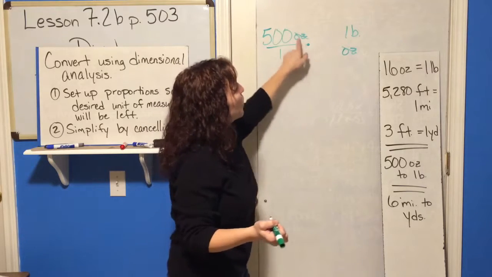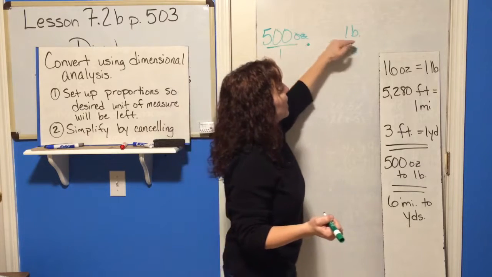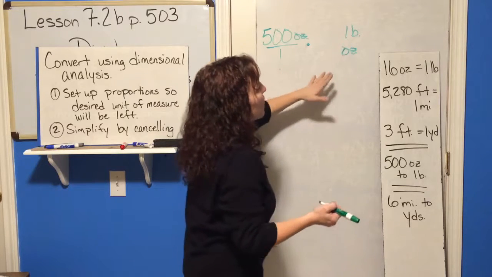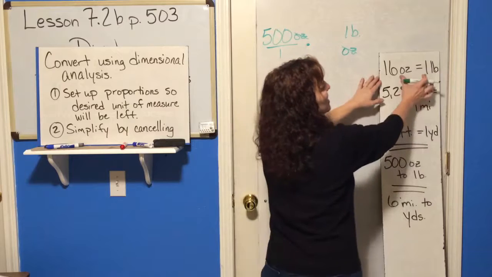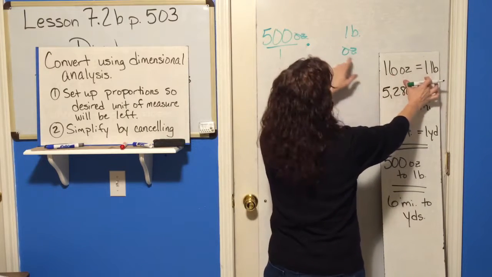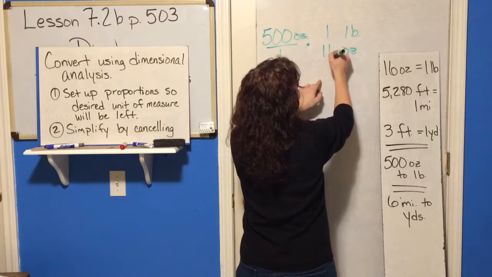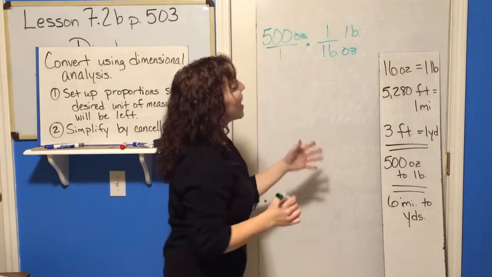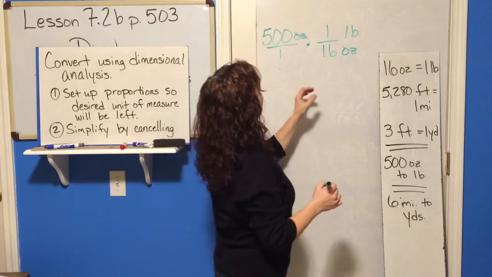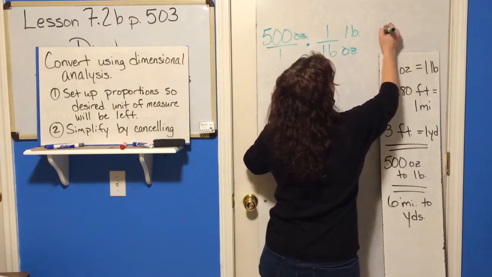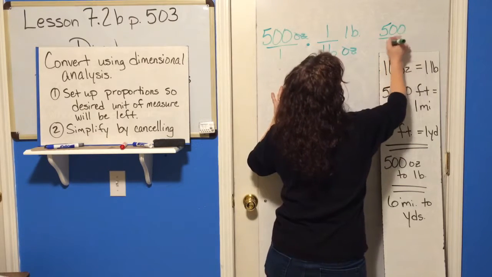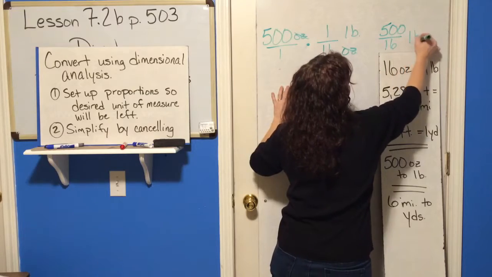So ounces will cancel out, leaving me, if I multiply across, with just pounds. So I can use my equivalency, 16 ounces equals 1 pound. So now, when I multiply straight across, I get 500 over 16 pounds.